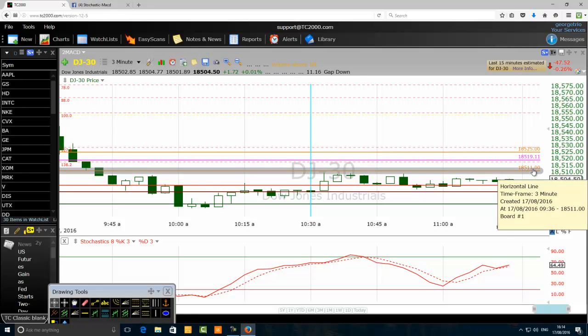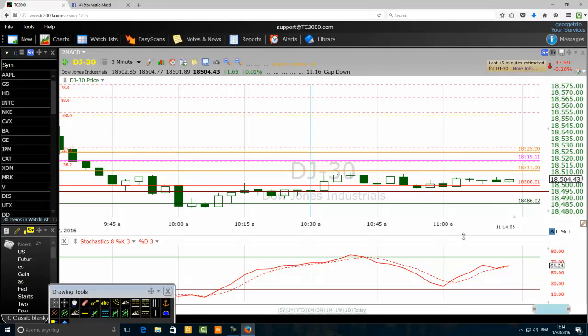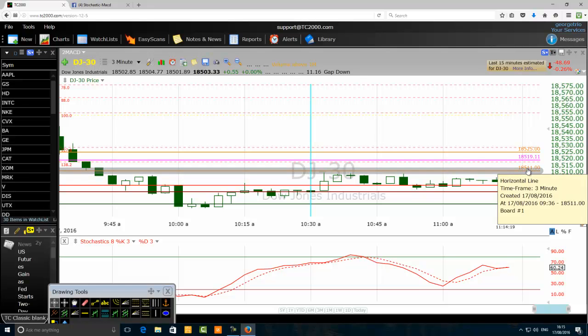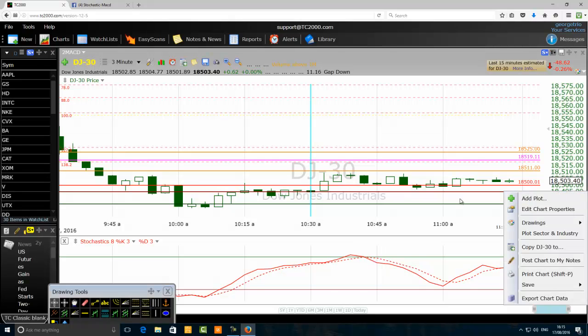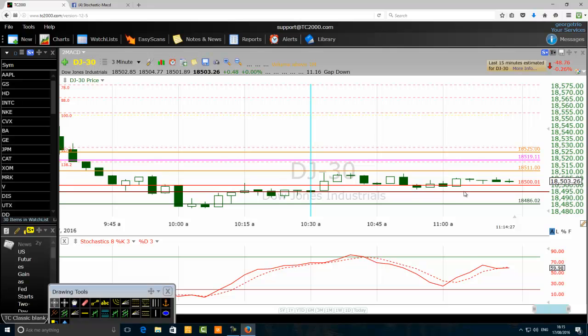For the second trade, I will use 16 pips, so my stop loss will be at 184.95. I'll change that, otherwise you cannot see it.